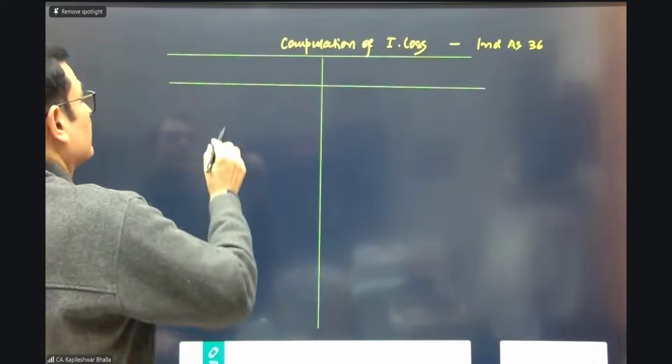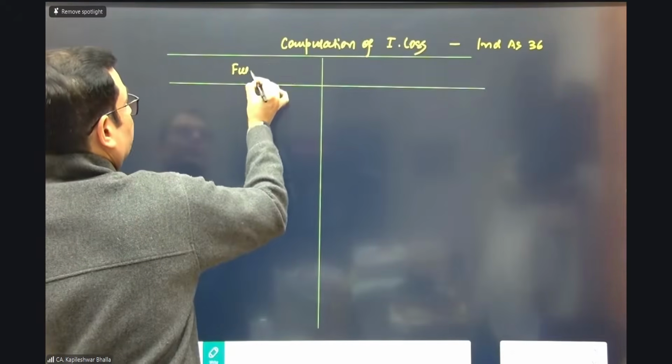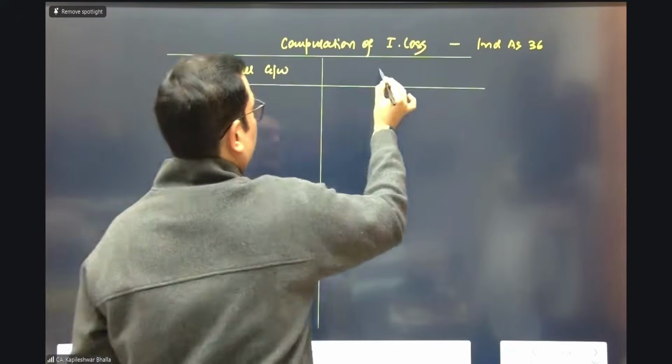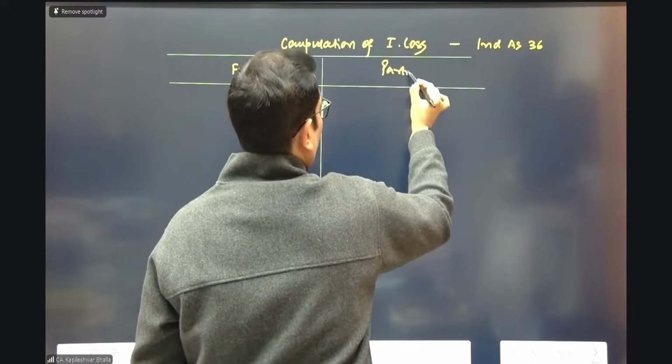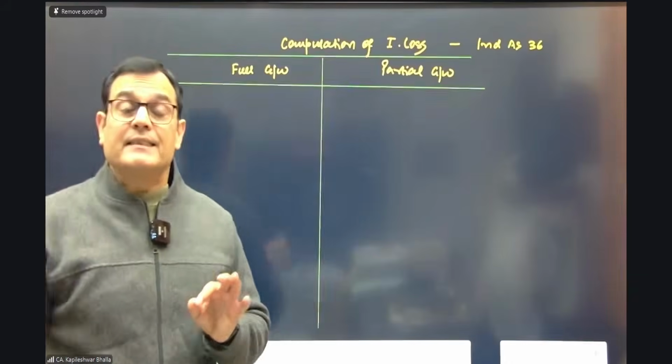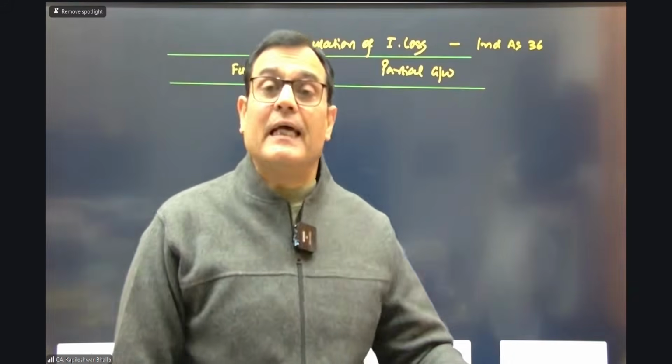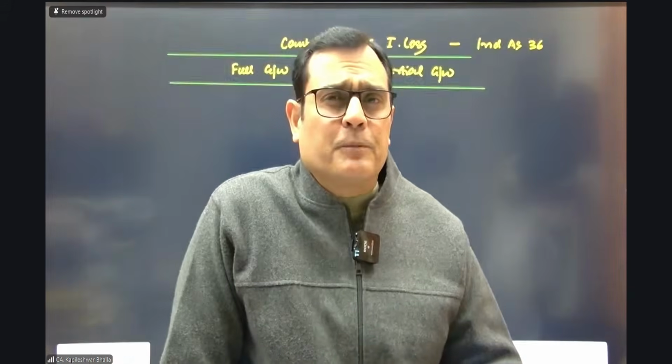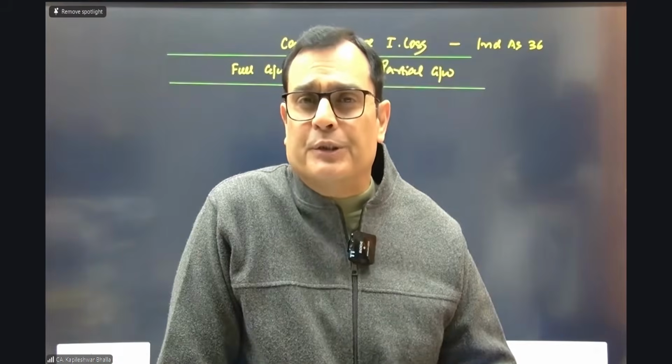Now let's consider if there is a full goodwill, then what? And let's consider if there is a partial goodwill, then what? He has very clearly said that the company Happy is a cash generating unit.